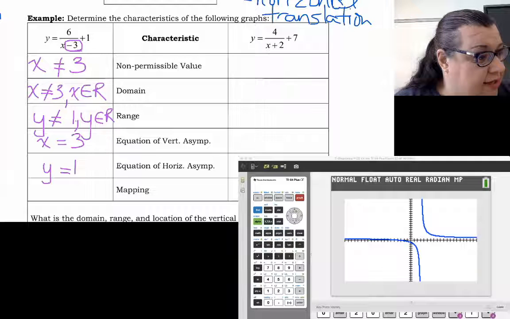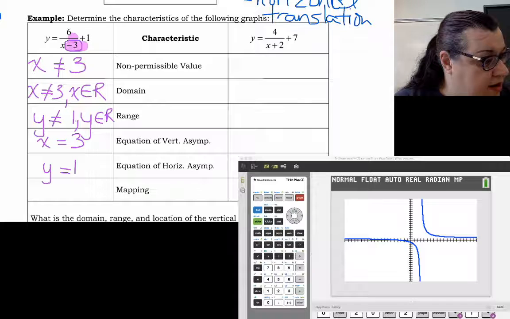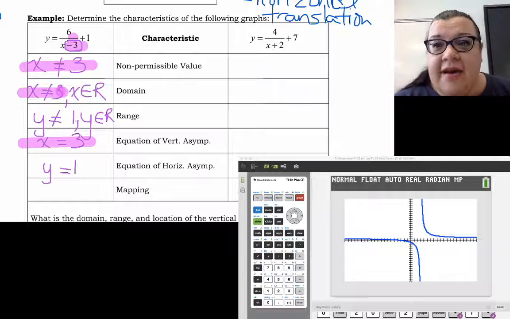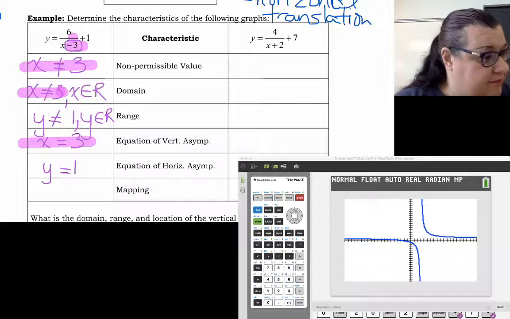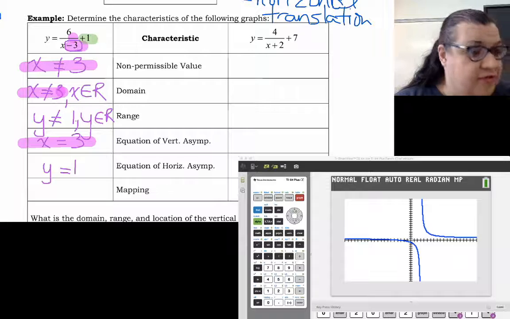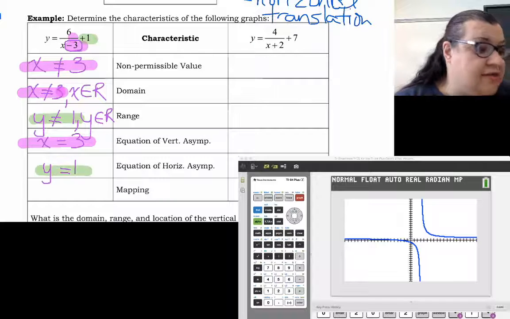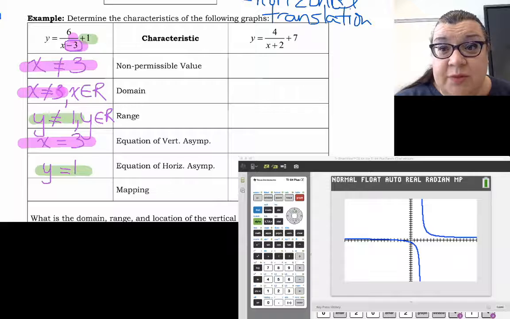So let's just highlight that. And the k value then is related to our range and to the equation of our horizontal asymptote.